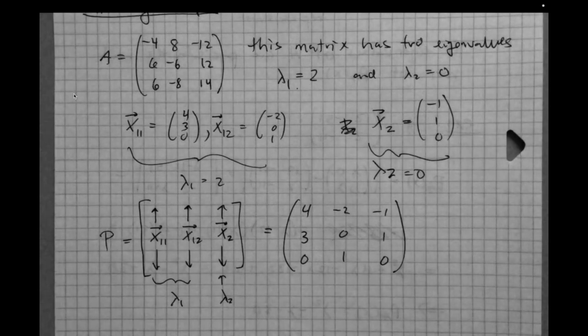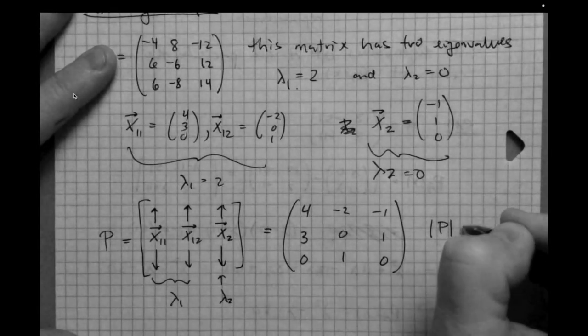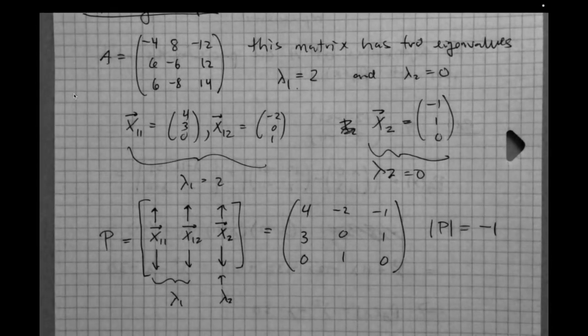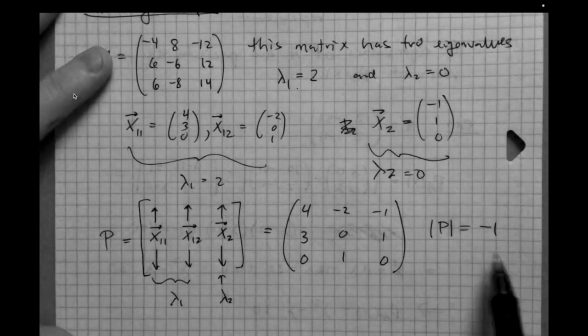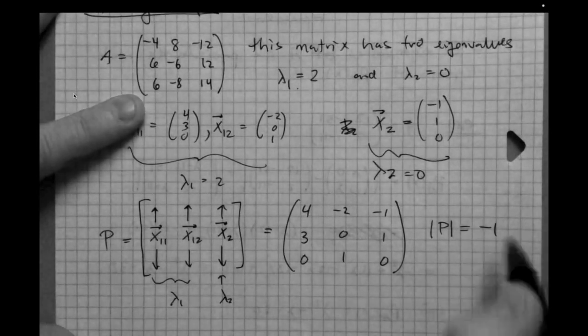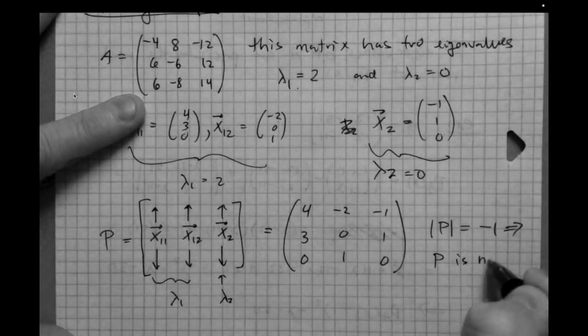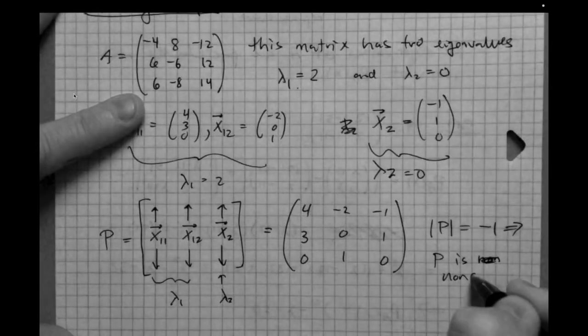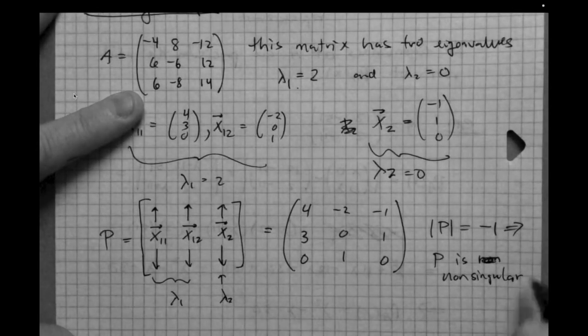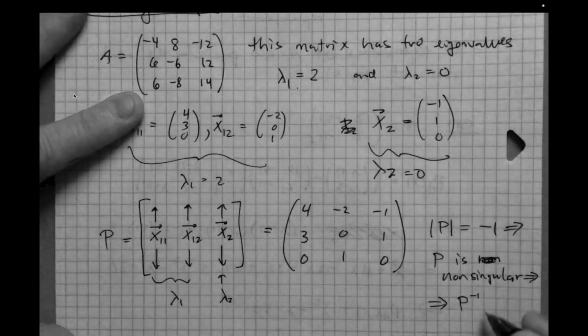Now we can calculate the determinant of P if we want to, and if we do that, we'll see that the determinant is negative 1. The determinant isn't important for what's to follow, but what is important is that P be non-singular. So P has a determinant of negative 1, and that implies P is non-singular. What does that further imply? P inverse exists.